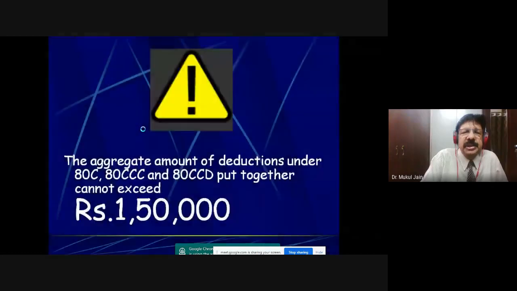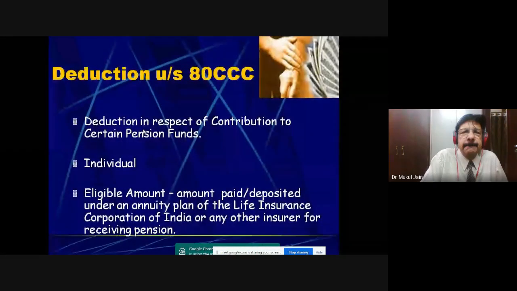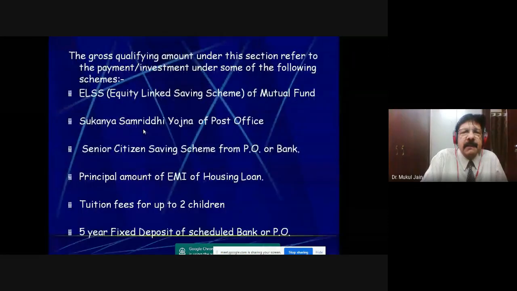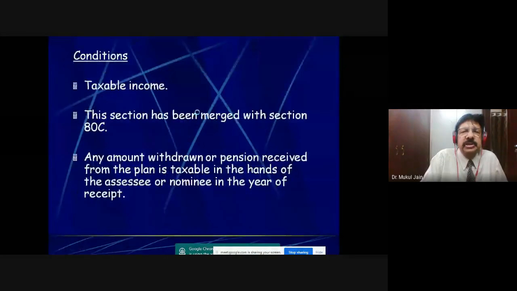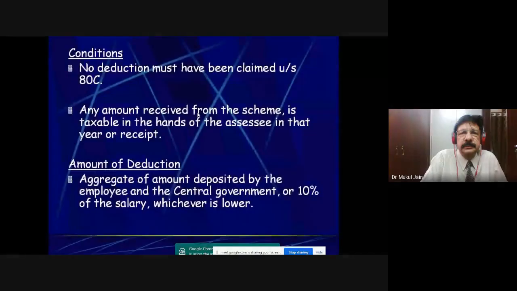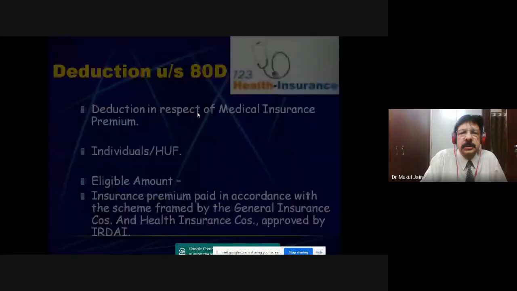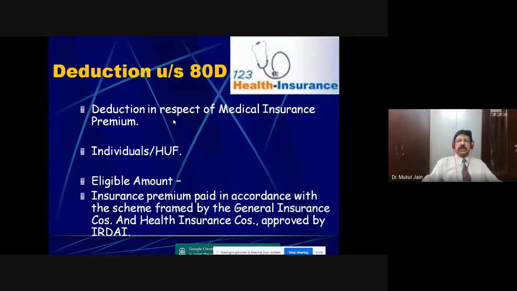Remember, in 80C it was not medical insurance. In 80C it was life insurance premium, right? So there is a difference between life insurance premium and medical insurance premium. Let me ask you, what is the difference between life insurance and medical insurance?